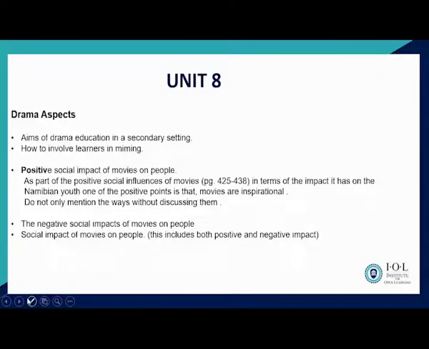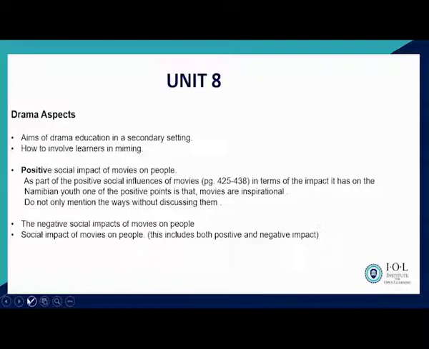Positive social influences of movies in terms of impact on Namibian youth. One of the positive points is that movies are inspirational.